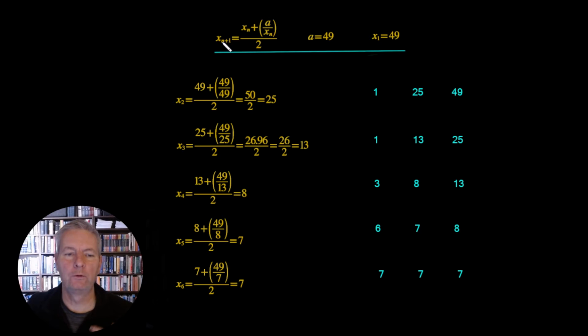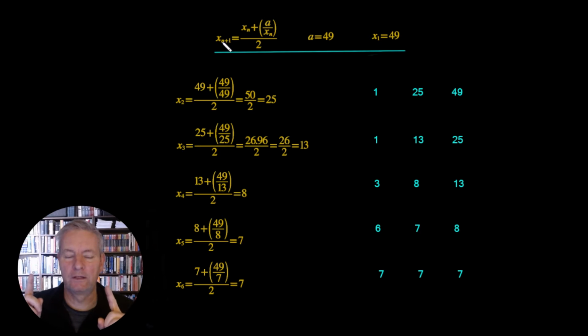Now we have to pick a first guess for our answer. If we're looking for the square root of 49, we know that the answer must be somewhere between 1 and 49. We know the answer isn't negative because we're not allowed to take the square root of negative numbers, and we will have to build that into our algorithm within Python and our assembly language code.